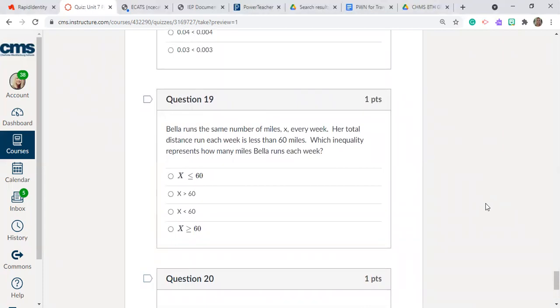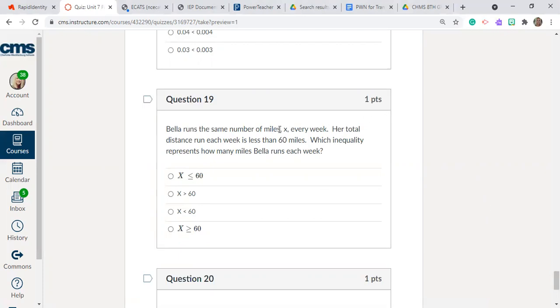Question 19. Bella runs the same number of miles, X, every week. Her total distance run each week is less than 60 miles. Which inequality represents how many miles Bella runs each week?